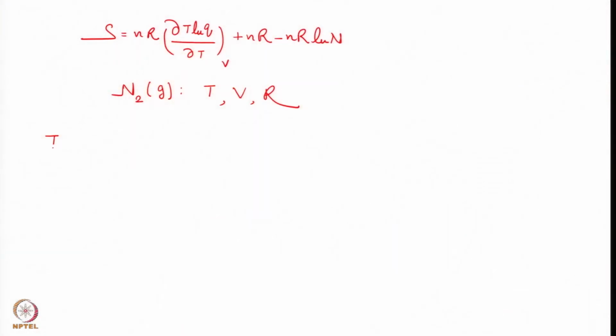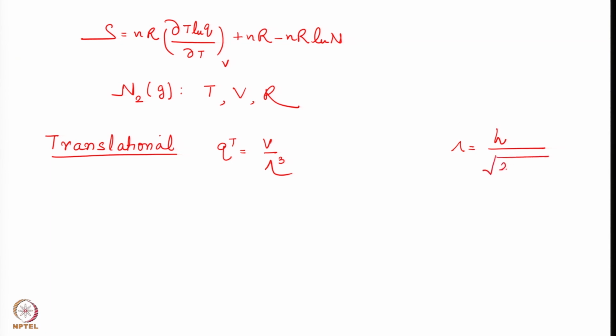First of all, let us talk about translational. When I talk about translational, then Q translational is equal to V upon lambda cube. Lambda is equal to h upon root 2 pi m kT.